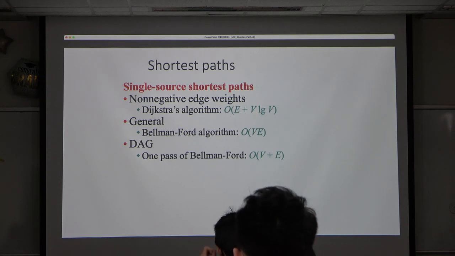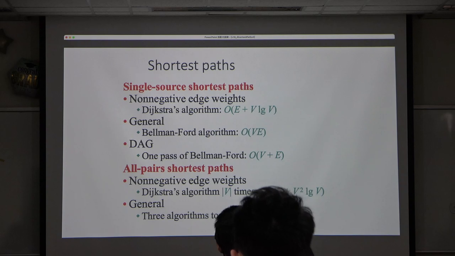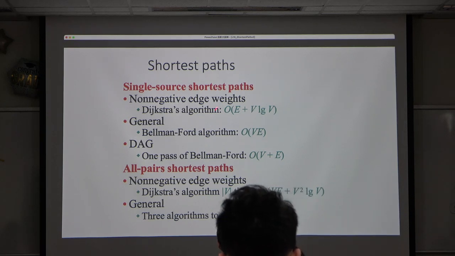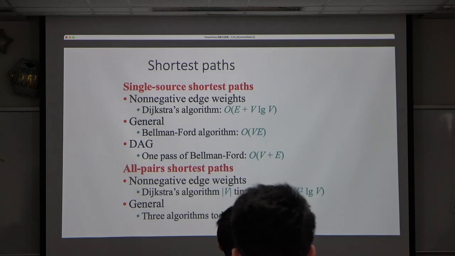But how about if you want to find all pairs shortest path? If the graph has no negative edge weight, then you could apply the Dijkstra algorithm V number of times.